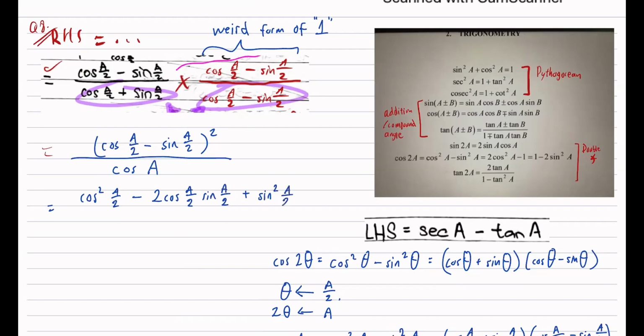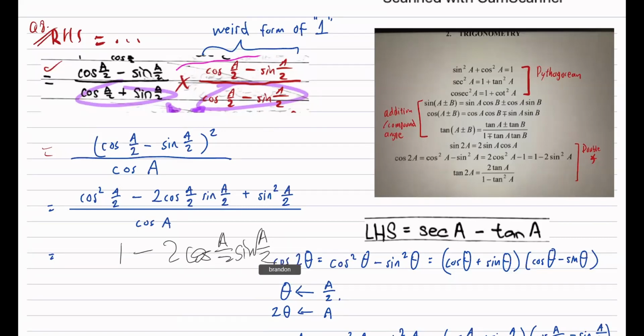So 1 minus 2 cosine a over 2 sine a over 2. Correct. Very good. Yes, because cos square plus sine square is 1.